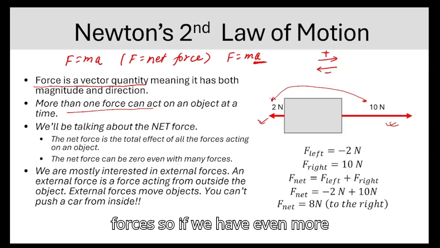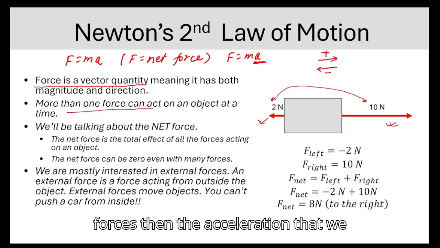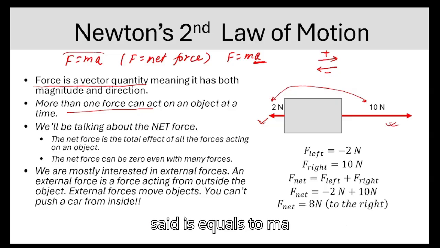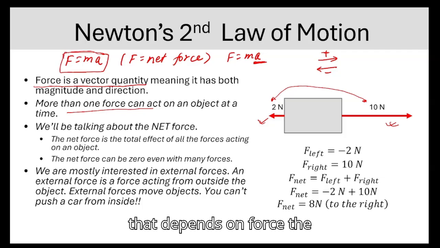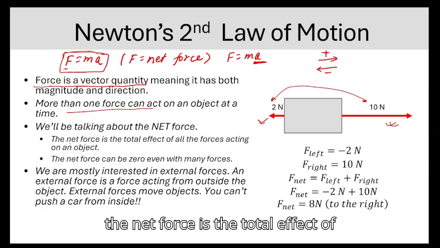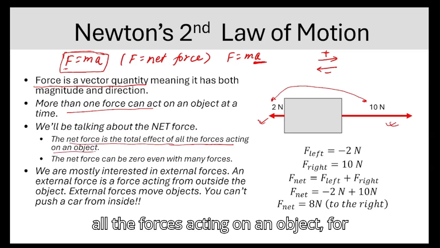So if we have even more forces, the acceleration, which we said equals F over m, depends on force, and the force itself will be the net force, which is the total effect of all the forces acting on an object.